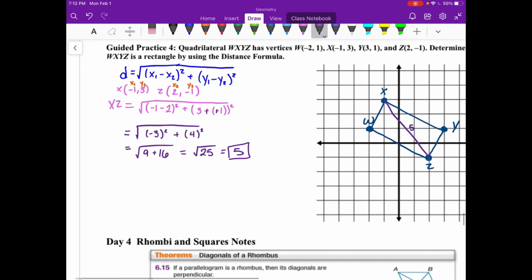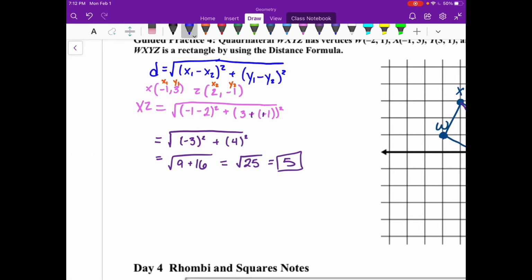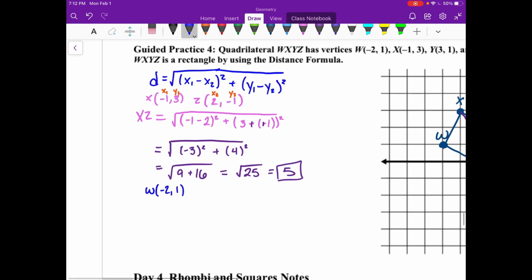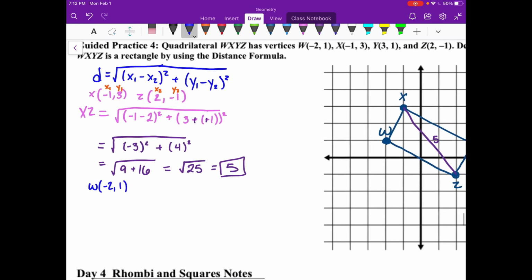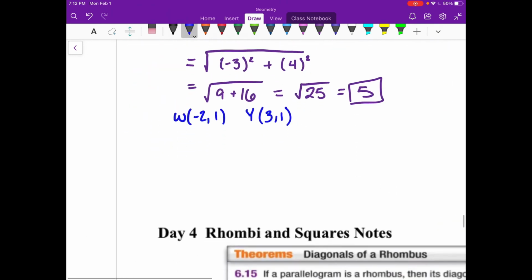Okay, now let's do it again, but this time we're going to find the distance between W and Y. So W is at point negative 2, 1, and Y is at 3, 1. Let's plug those into my distance formula. I'm going to make this one x1, y1, x2, y2.